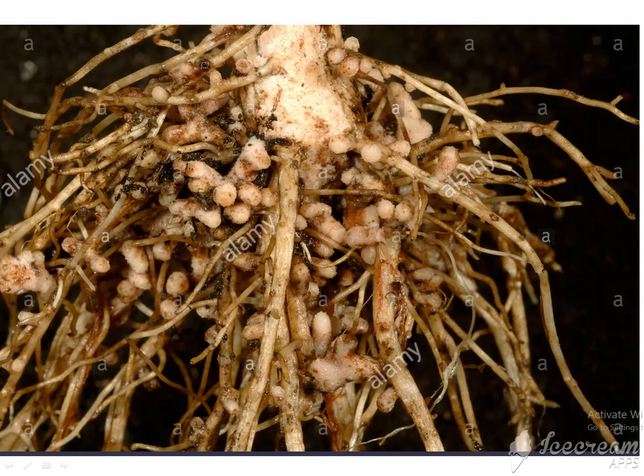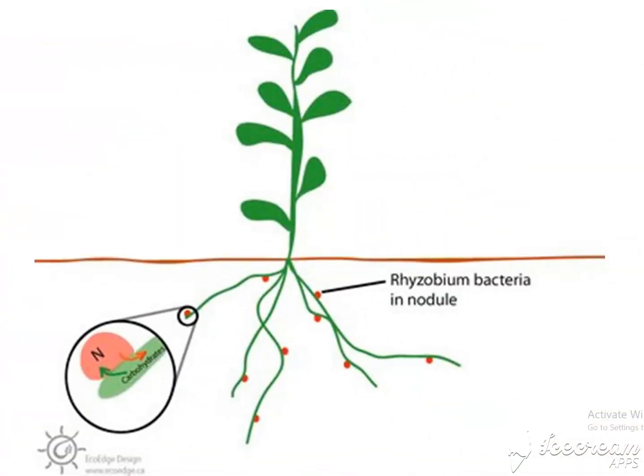They have the bacteria. The name of the bacteria is Rhizobium. So the root nodules of the leguminous plants have bacteria called Rhizobium. What is the function of this Rhizobium bacteria? This Rhizobium bacteria absorbs the atmospheric nitrogen and converts it into nitrates and fixes it in the soil.